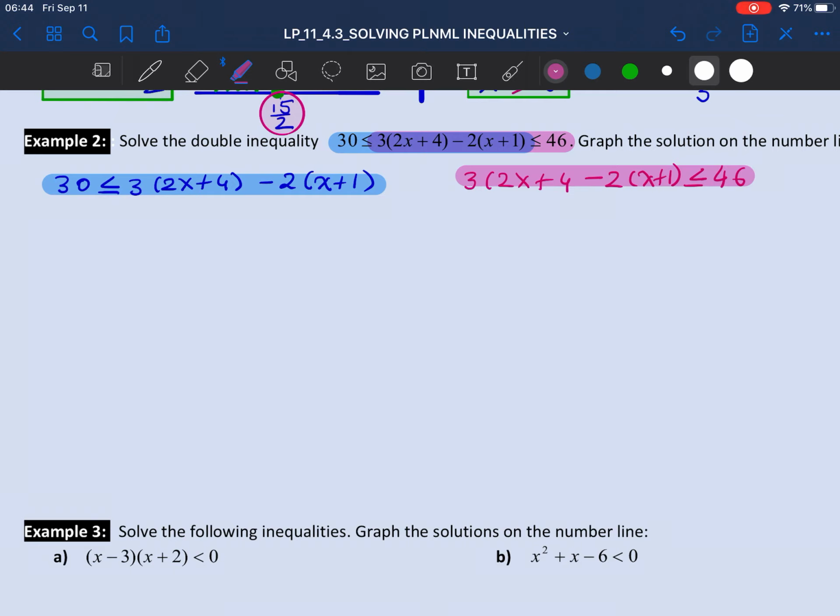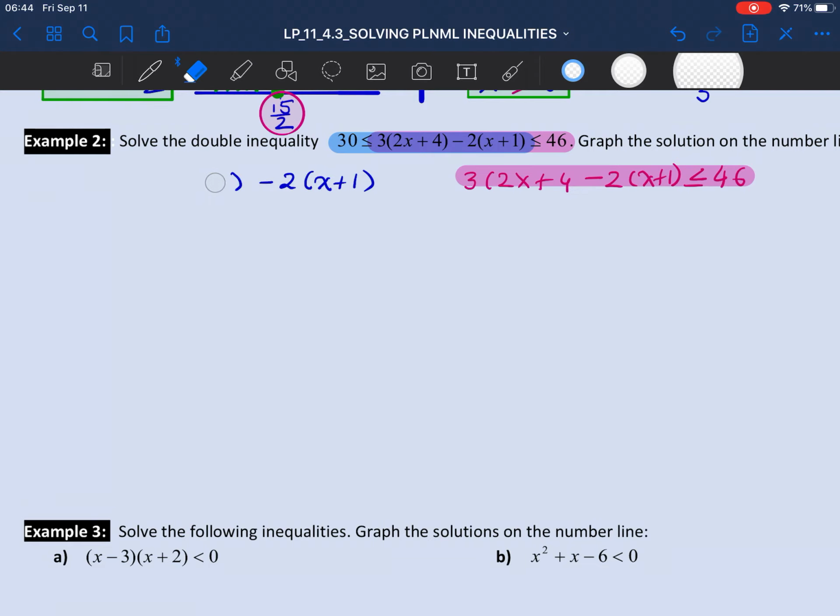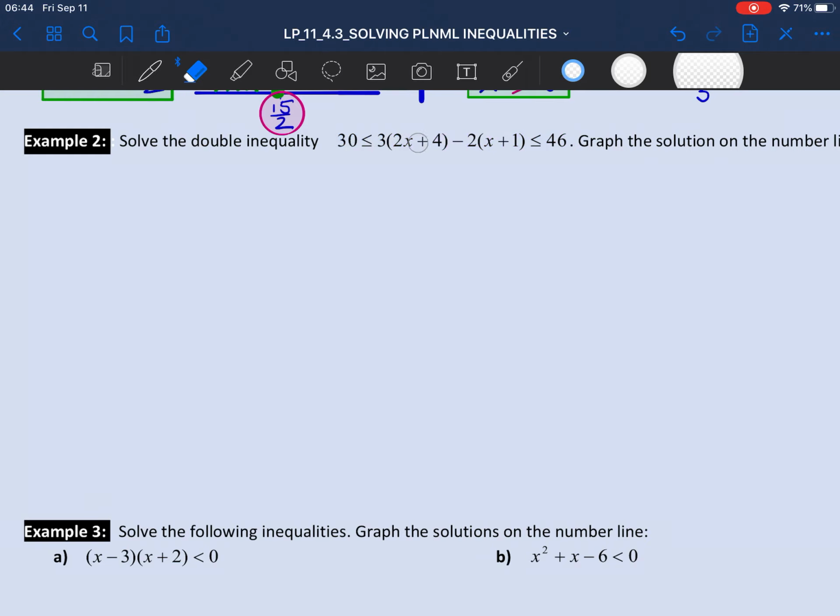So the way we see them is as two normal inequalities put together in a system. And when I have to perform such a task, what I do is I first simplify the inequality. Now, you have to simplify each part of it, the left, the middle, and the right.